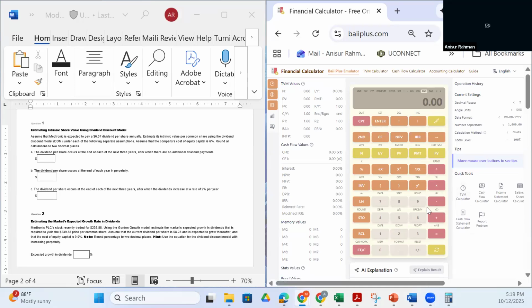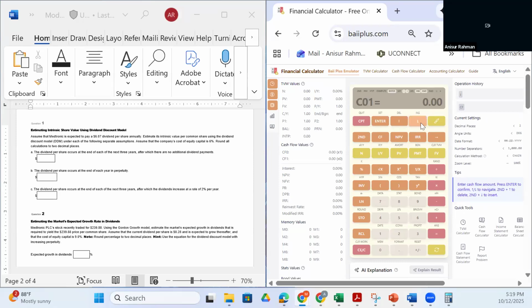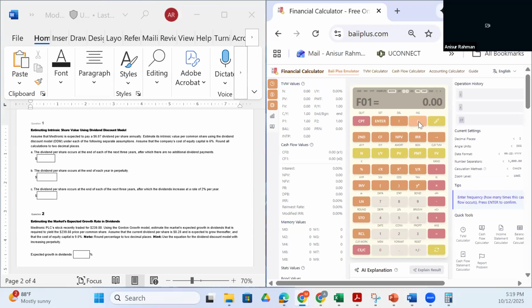So the first thing to do is press CF, which means cash flow. Now we want to erase existing values in this function. For example, if you press this down arrow, you will see 0, one more, 0.